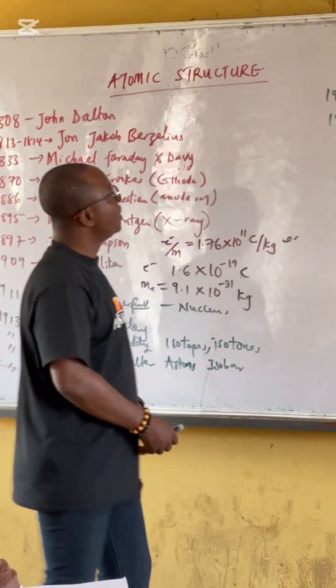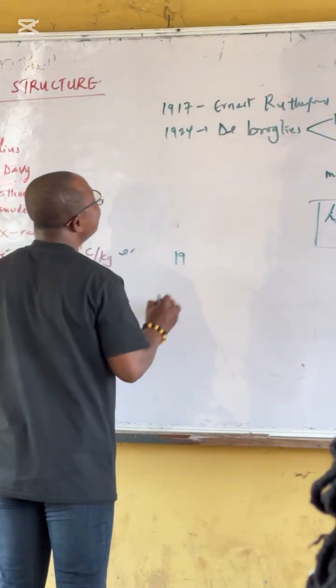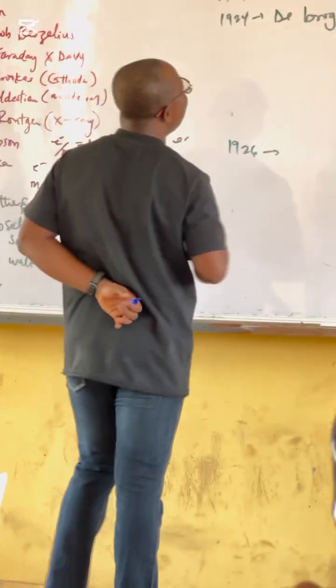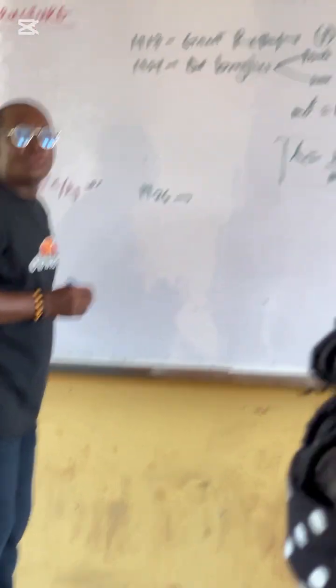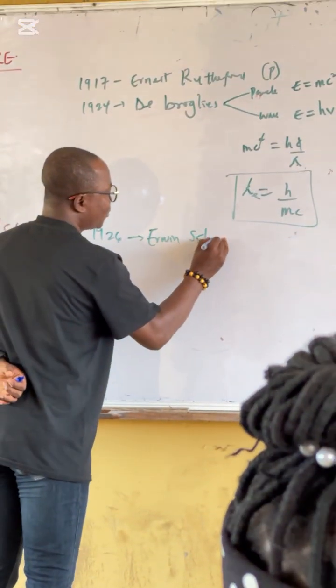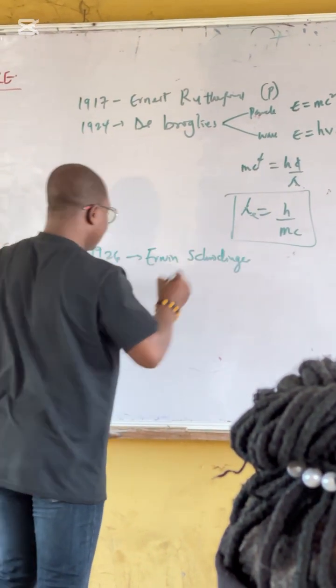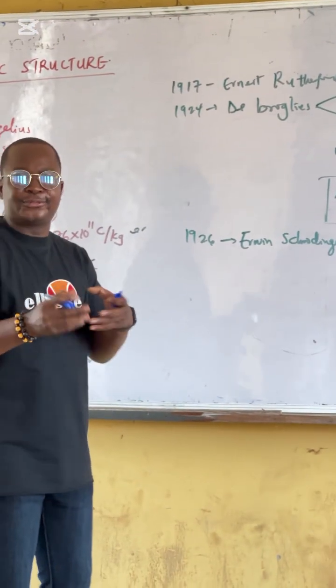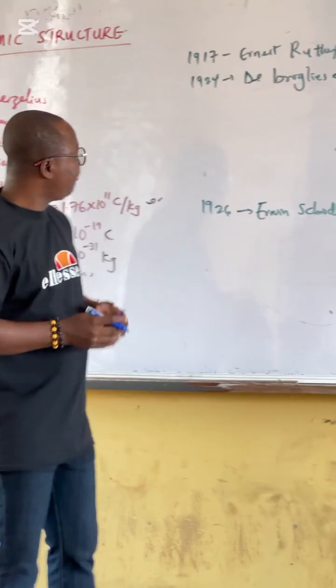Are you with me? After that, in the year 1926, another scientist known as Erwin Schrödinger gave the wave equation of the electron.